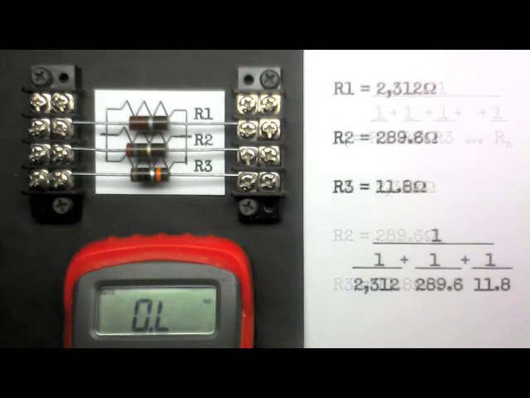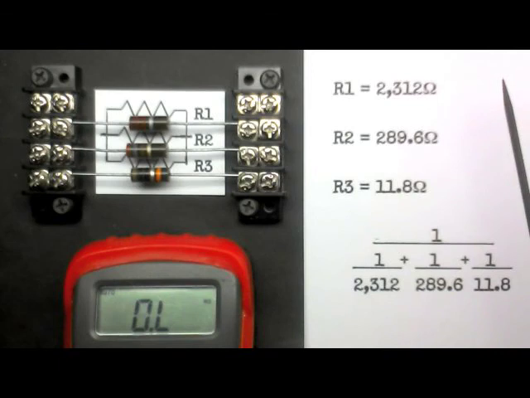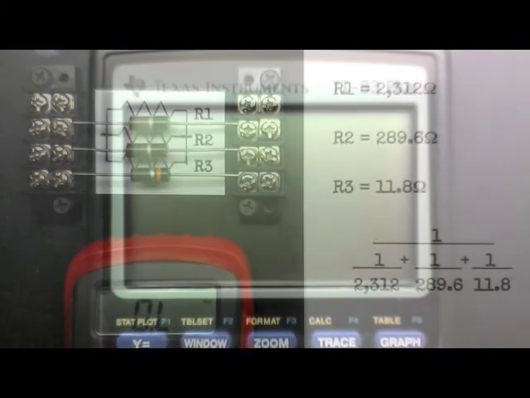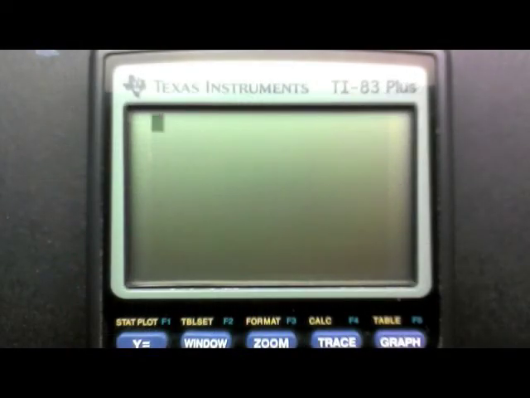We took our three values, put them into this equation, and we get this big compound fraction. So let's put this in the calculator.